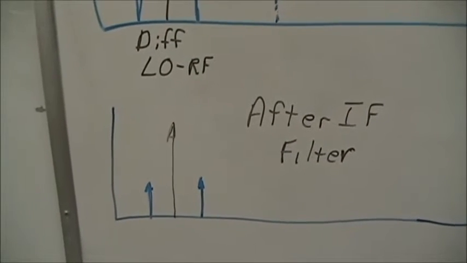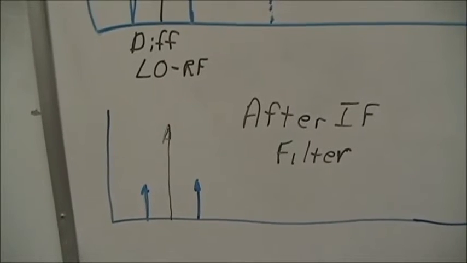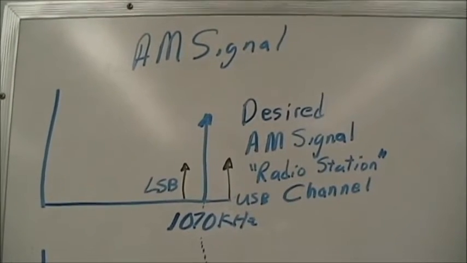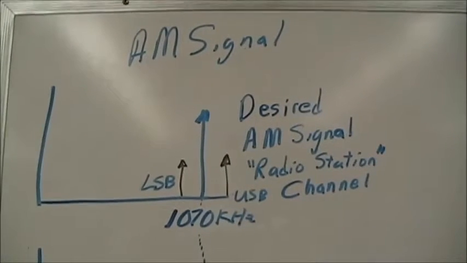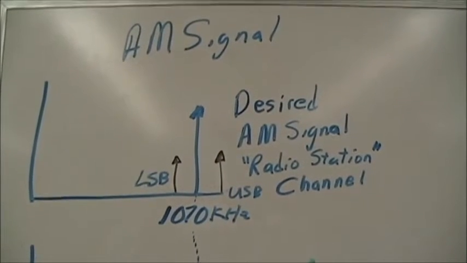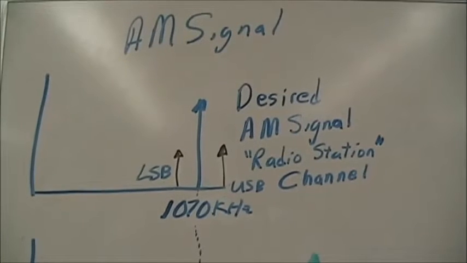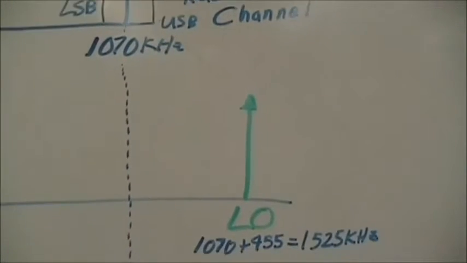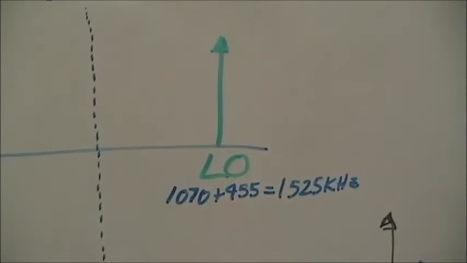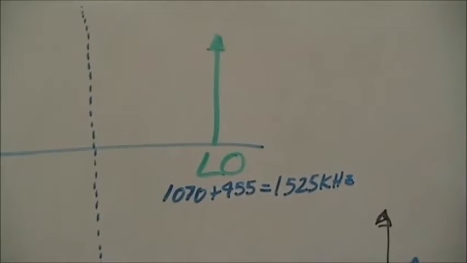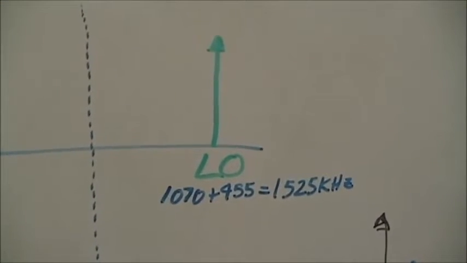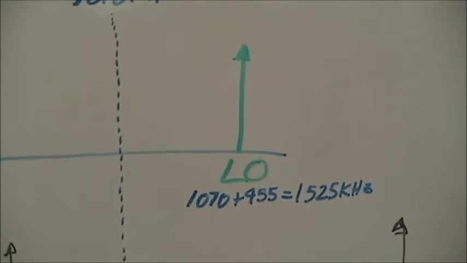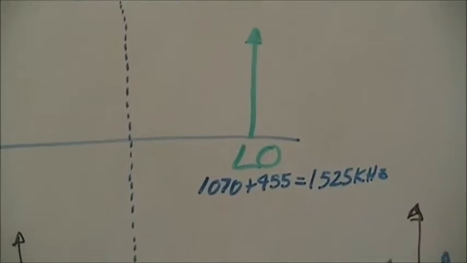So we will look at that situation with specific frequencies. Now let's assume our desired radio station is 1070 AM, or 1070 kilohertz. It is modulated sinusoidally. The local oscillator will now be set to 1070 plus 455, which is 1525 kilohertz. Now why 455? Because that is the IF filter frequency.